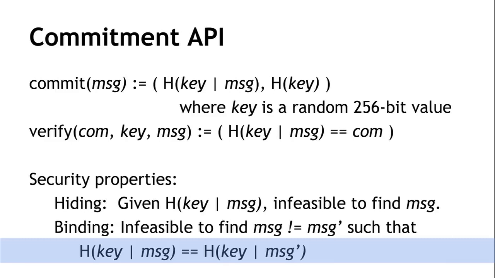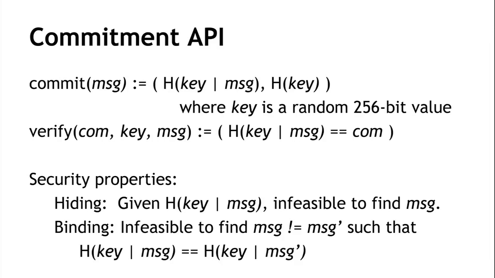Okay, so now what these properties become, the first one is, given the hash of key concatenated with message, it's infeasible to find message. Well, it turns out that that's exactly the hiding property that we talked about before. Key was chosen as a random 256-bit value, and therefore the hiding property says that if we take the message and we put before it something that was chosen from a very spread out distribution, like I said, a random 256-bit value, then it's infeasible to find the message. So this is exactly the hiding property.